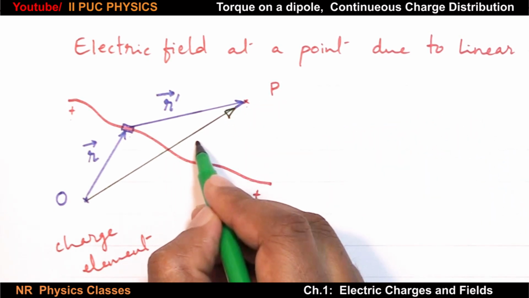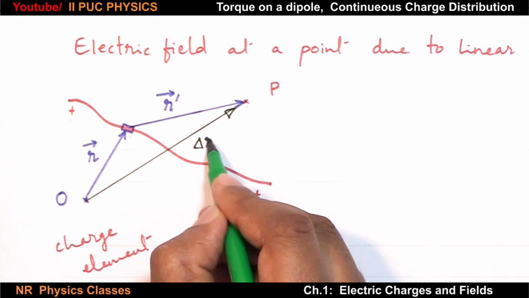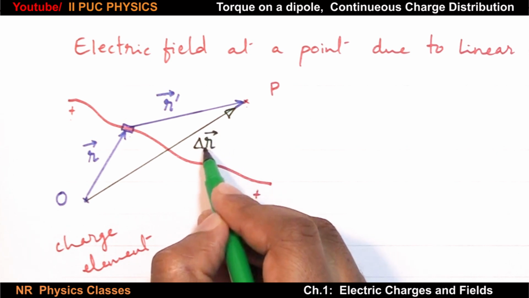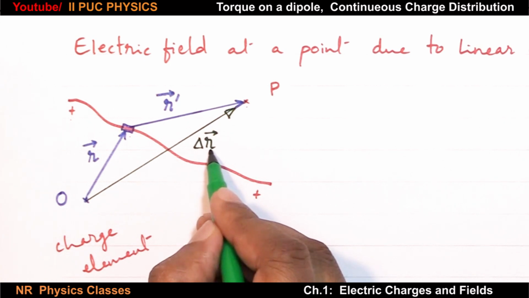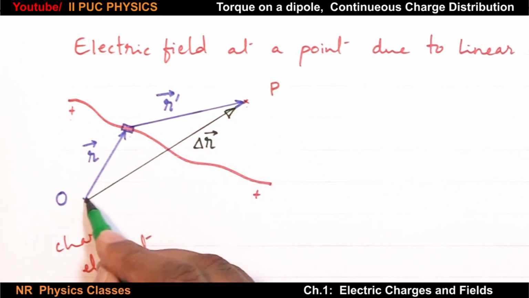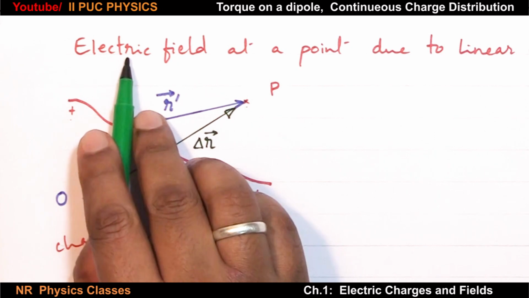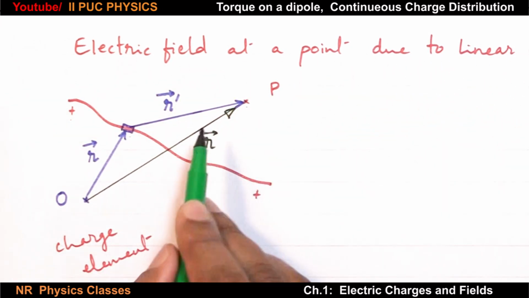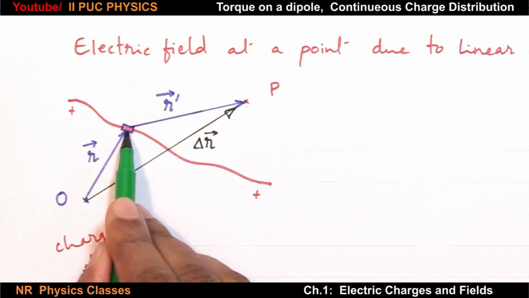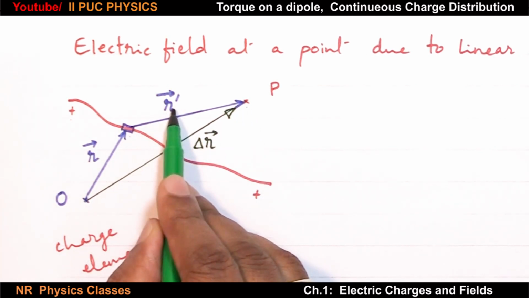Let us denote this by delta R. This is also the position vector of P with respect to this origin. But what we want is electric field due to linear charge distribution. Electric field at P due to this element means only this distance matters.